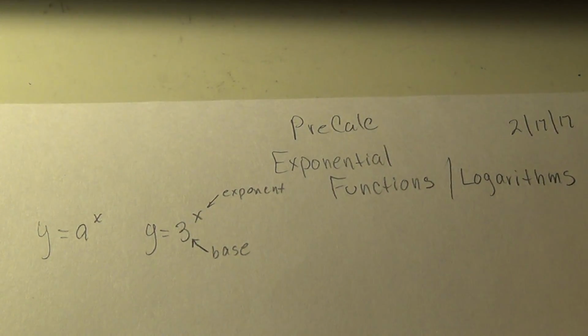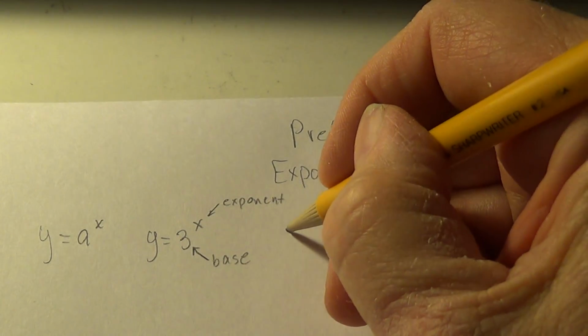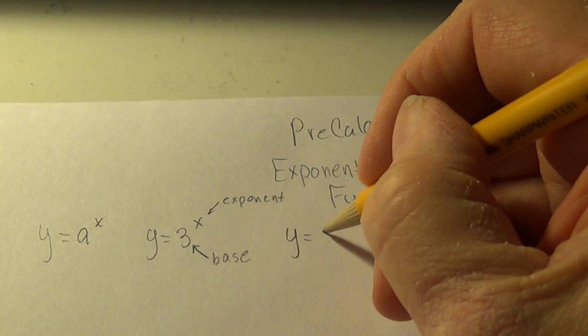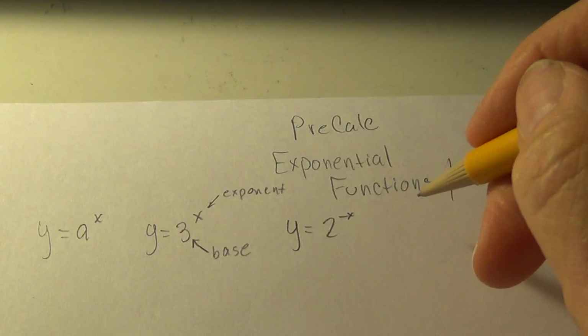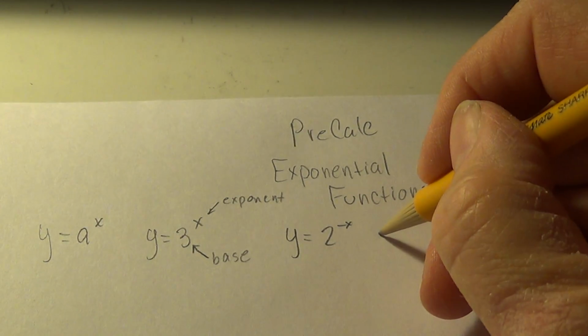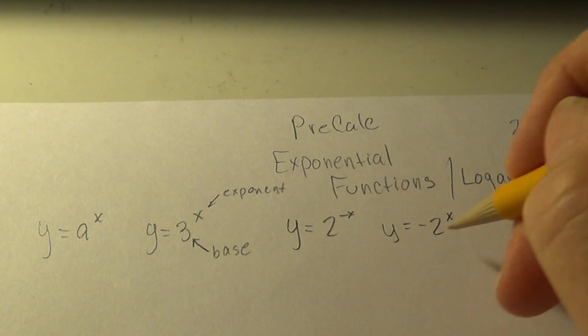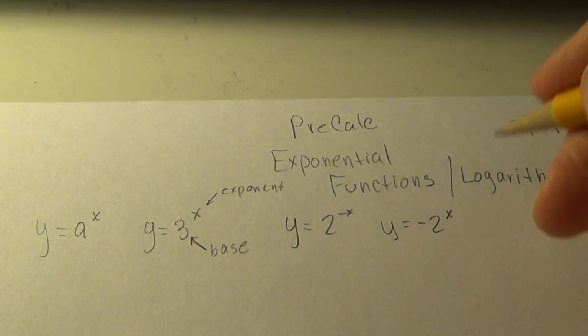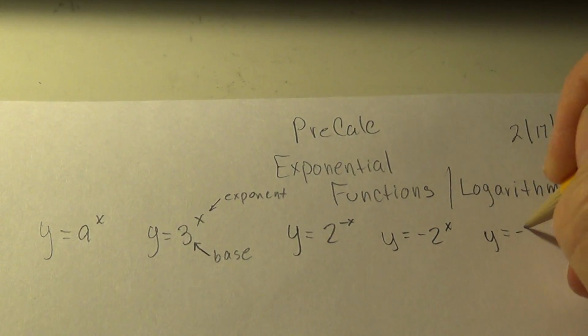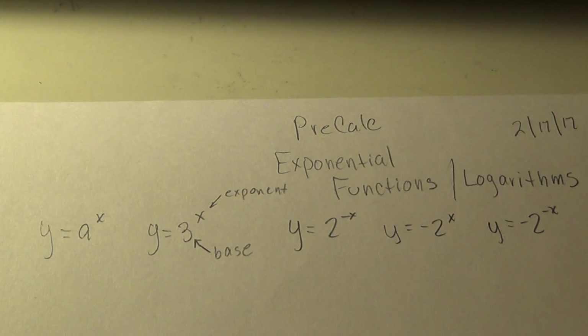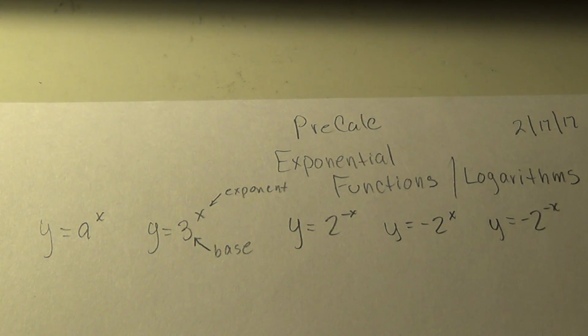And we saw how these exponentials can take on negative signs various places, like there, or in front, or both. And we were graphing each of those.